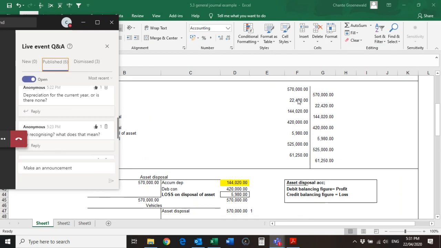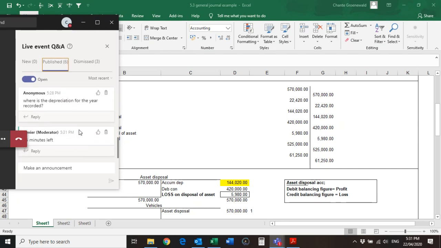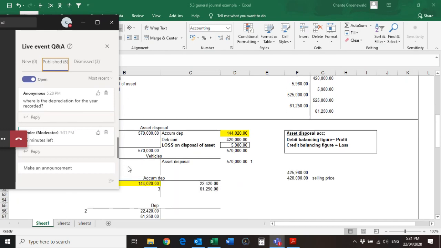We've now seen that is our depreciation for the current year. De-recognizing, what does that mean? That means we're taking the asset out of the books. Where is the depreciation for the year recorded? It's recorded in my depreciation account as well as my accumulated depreciation accounts.